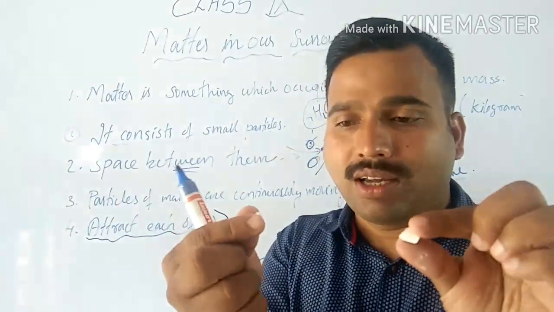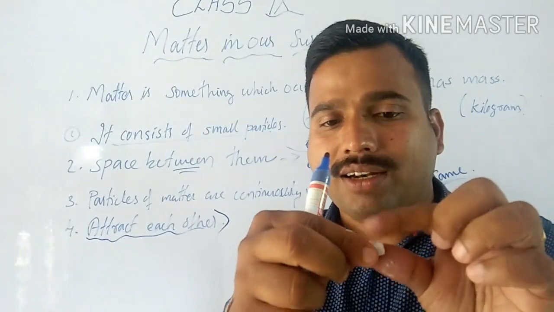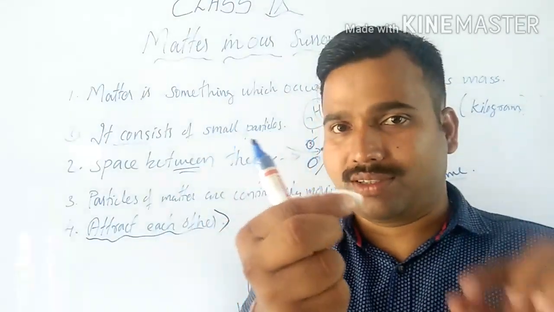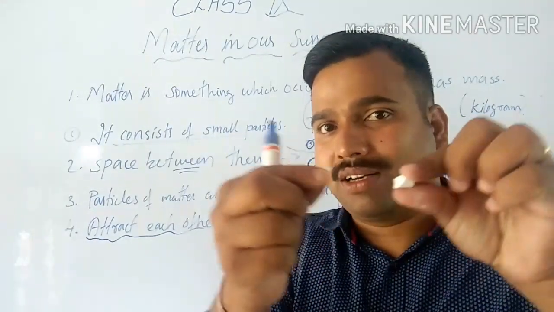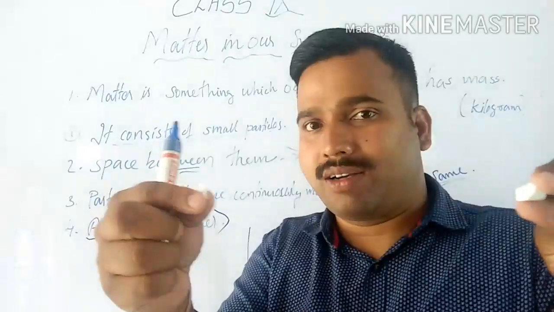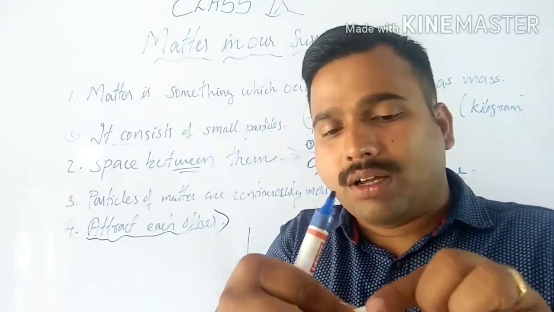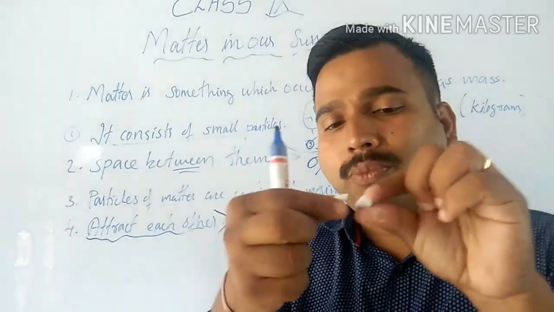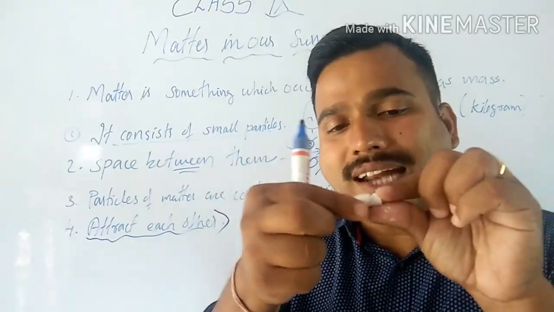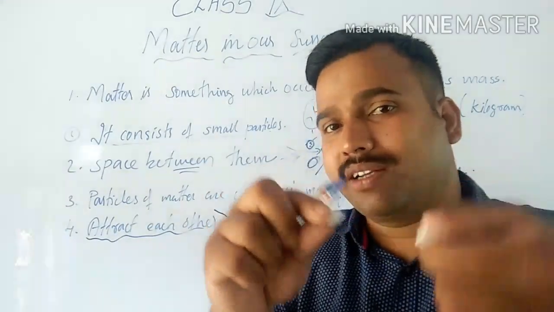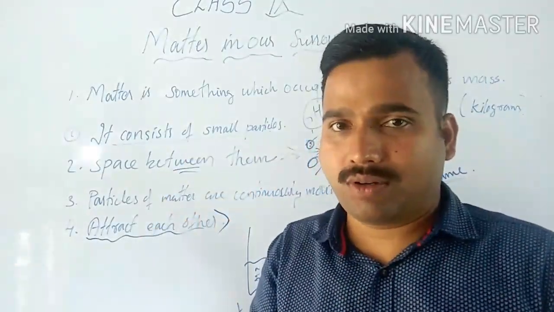Just before, it was remaining as a single piece. As I applied the force, it got broken. So the particles were tied together, but as you applied the force, it broke down.